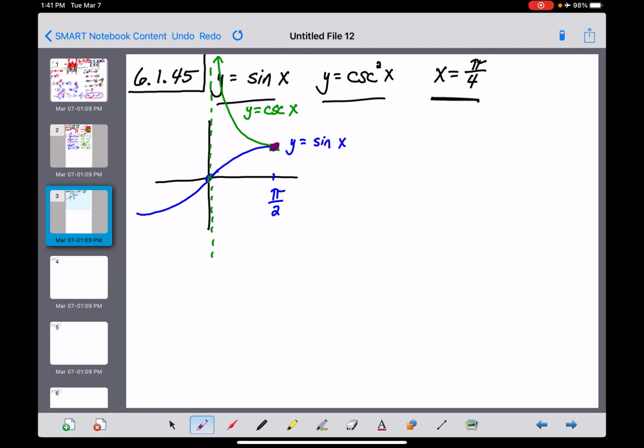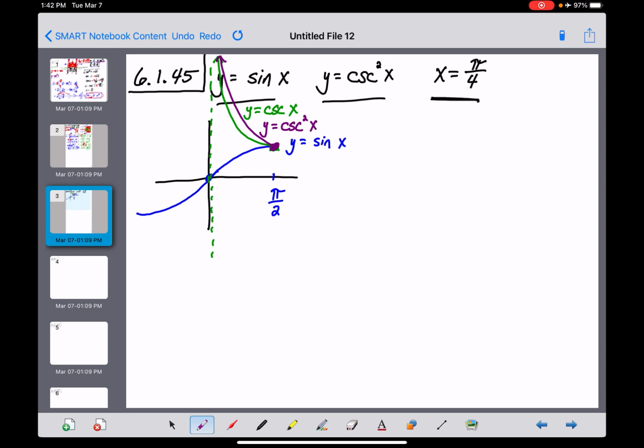As I move to the left, my cosecant values were all positive and greater than 1. As I square numbers that are positive and greater than 1, what happens? They're all positive as well, and they get bigger just a little bit faster. So the graph of cosecant squared of x probably increases like this, but still ends up going in the same direction. So that in purple is going to be the graph of y equals cosecant squared of x.